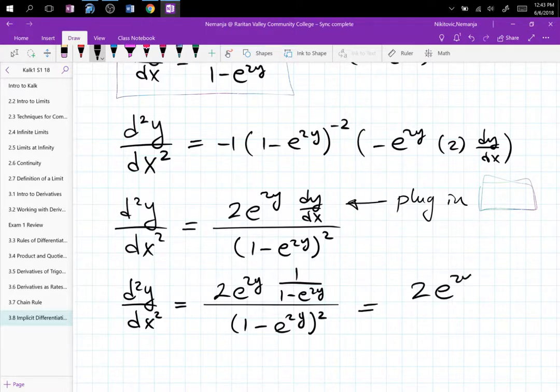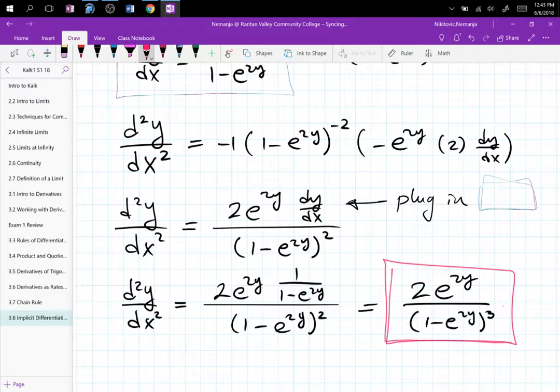So 2e to the 2y divided by 1 minus e to the 2y cubed. There it is. Ta-da! That's that.